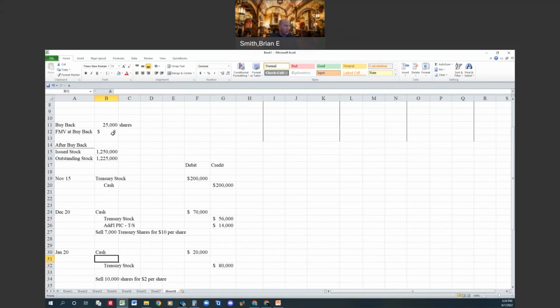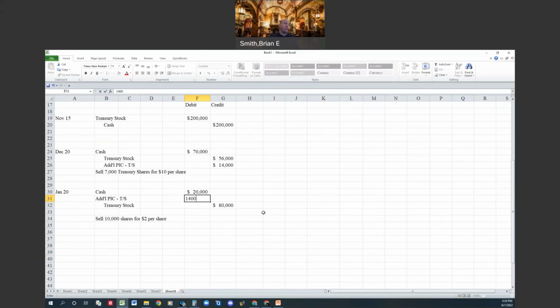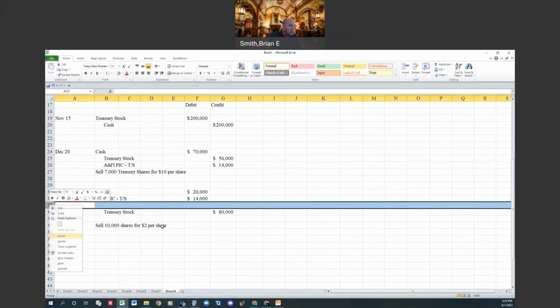First of all, we're going to start with our additional paid in capital. Watch, this is going to make it so easy. Okay, our additional paid in capital of our treasury shares. We can only use what we have. We only have $14,000, so we're going to use that $14,000. Now, we don't match, do we? We don't balance in this account.